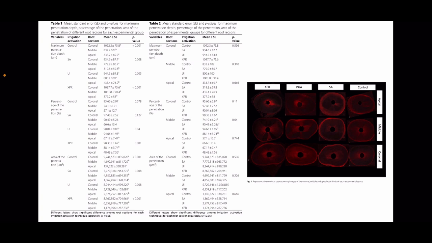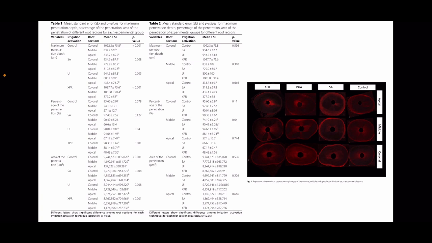The maximum penetration value was significantly lower in the apical third than in the coronal and middle thirds in all groups, and in the control, sonic, and XPR groups, the irrigation solution penetration area was ranked from highest to lowest as coronal, middle, and apical respectively.